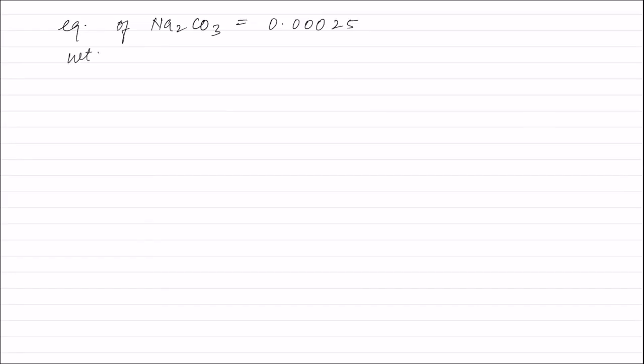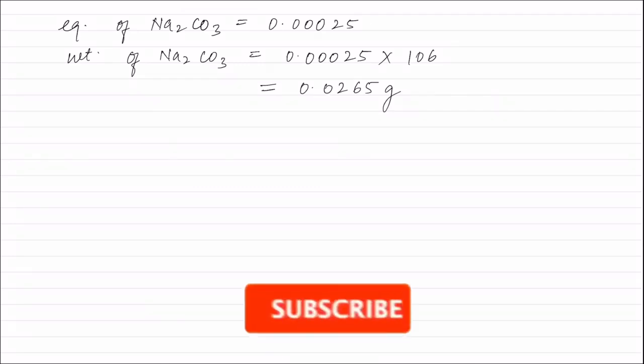Therefore, weight of Na2CO3 is equal to equivalents of Na2CO3, that is 0.00025 equivalents, into equivalent weight of Na2CO3, that is 106, and this is equal to 0.0265 grams. Therefore, weight of sodium carbonate is equal to 0.0265 grams.